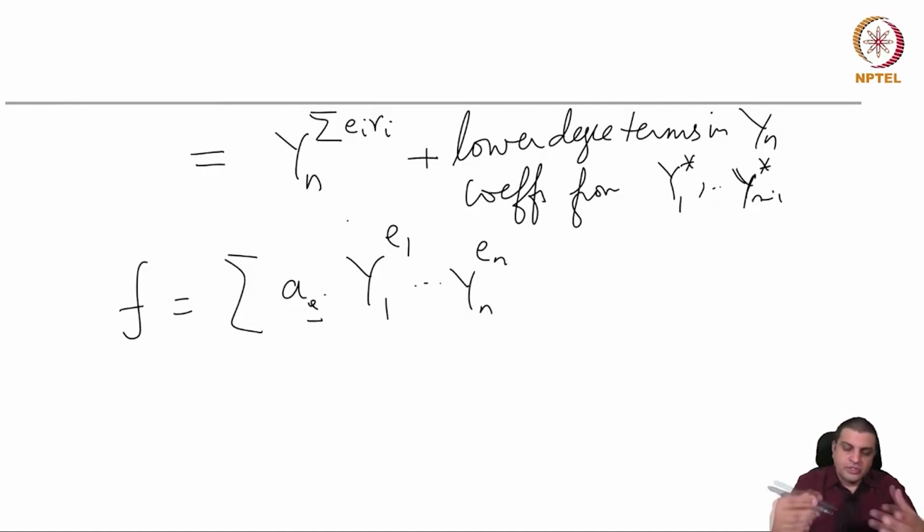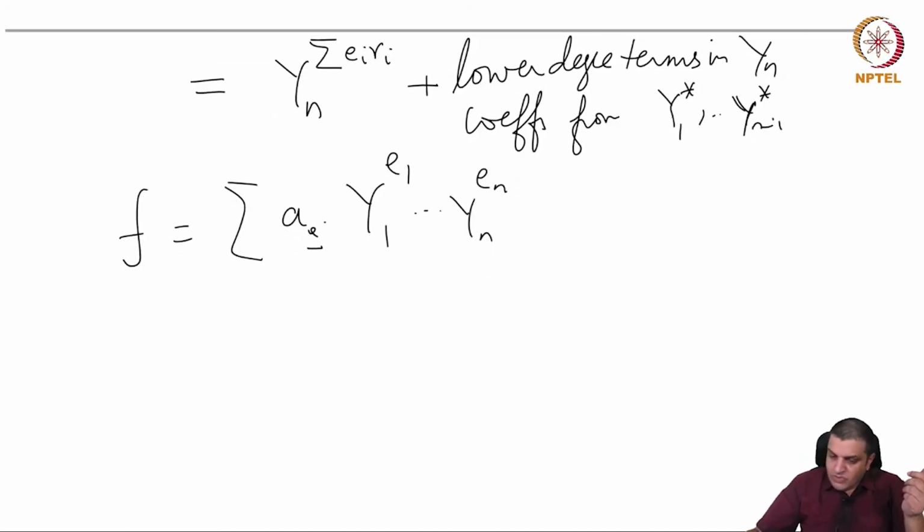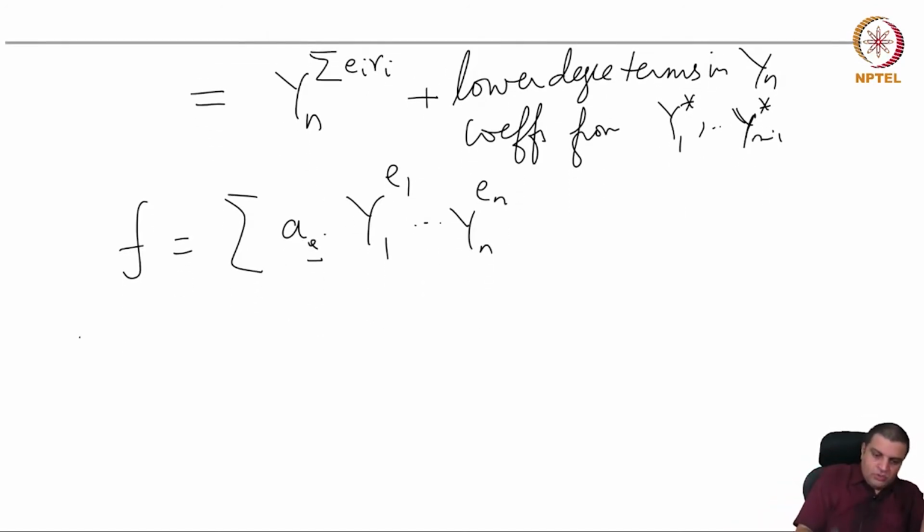Okay. So this is just to ensure that whatever f gets transformed to has, if you write it as a polynomial in y_n, the leading coefficient a unit. So we want to choose r_i.